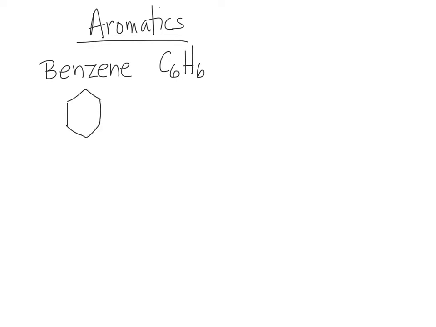and for years it's been drawn as alternating single and double bonds. So it has a resonance structure, meaning a different way to draw it. What they've discovered is that all the bond lengths are the same.